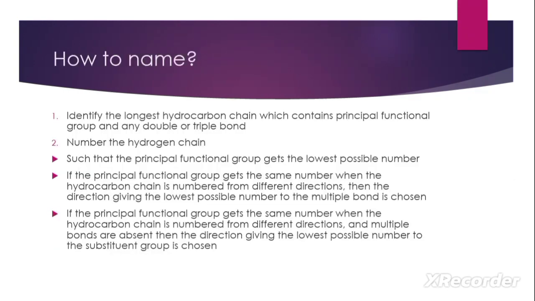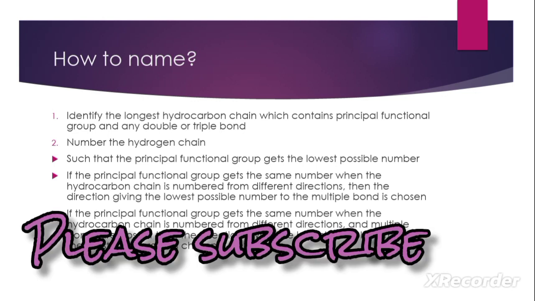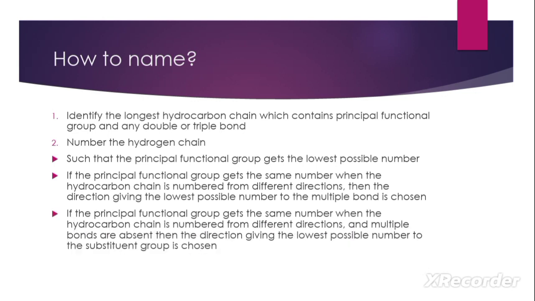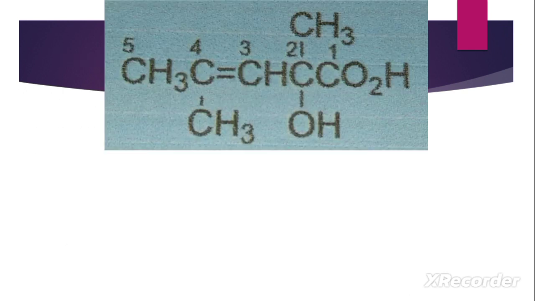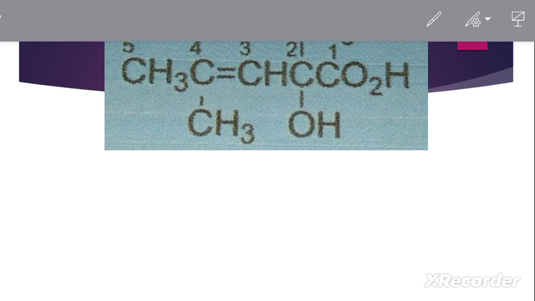Now we will discuss the steps of nomenclature one by one. First of all, we have to identify the longest hydrocarbon chain which contains the principal functional group and any double or triple bond. So here you have a hydrocarbon given. We have to identify the longest carbon chain which contains the principal functional group or a double or triple bond.